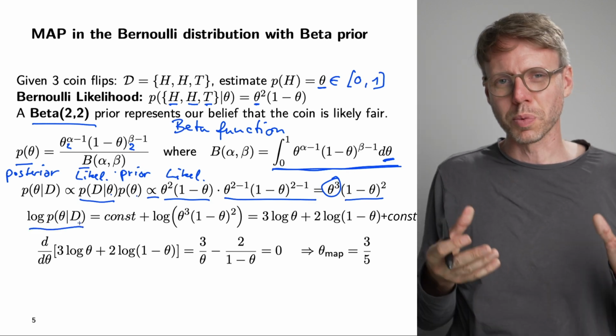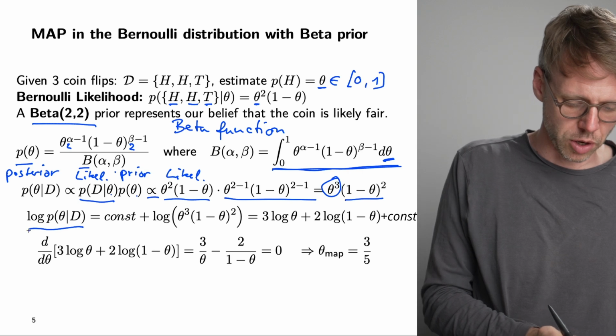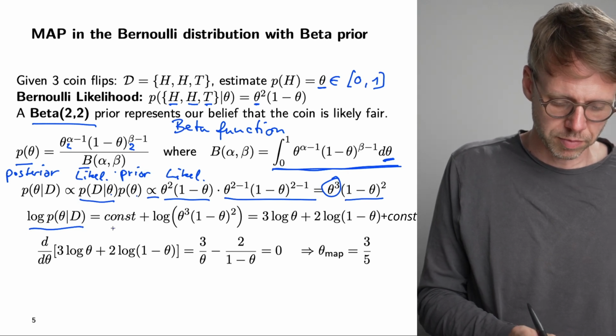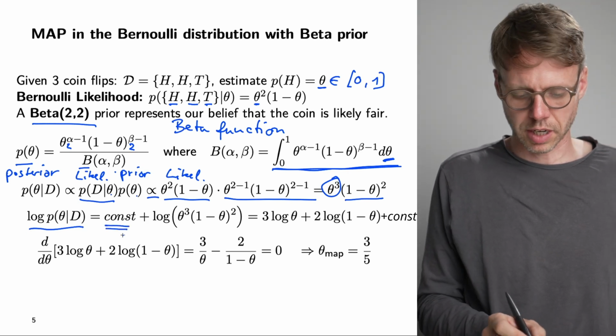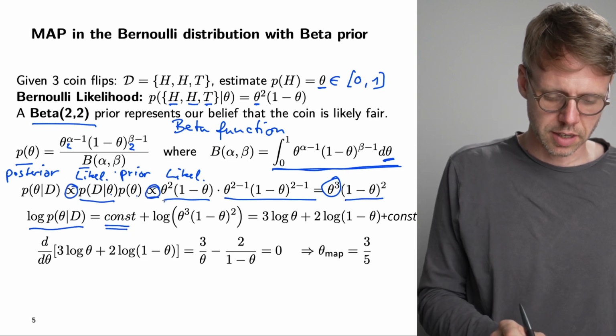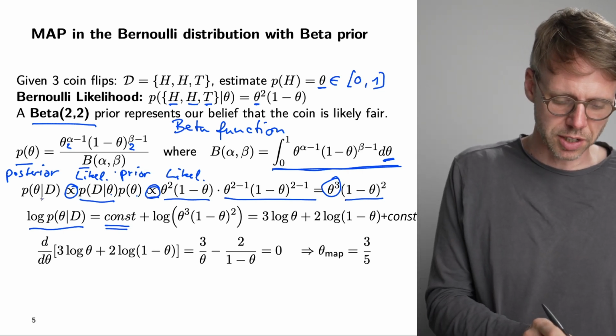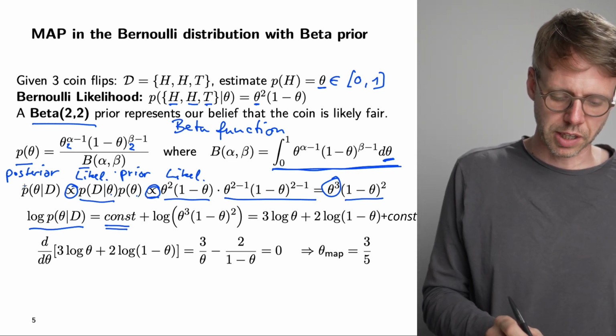It is easier to work with the log of the posterior. Now the log of the posterior is equal to some constant that we are not interested in, but that's given by, we twice found something that is proportional to the posterior.